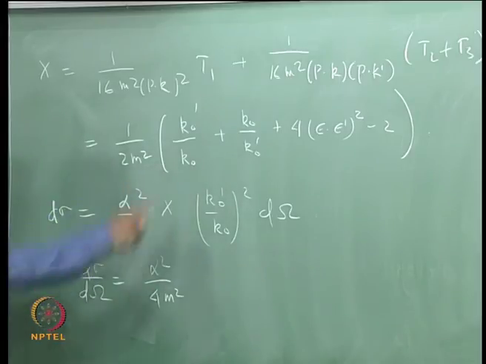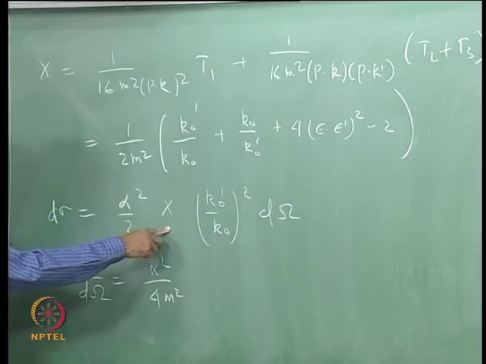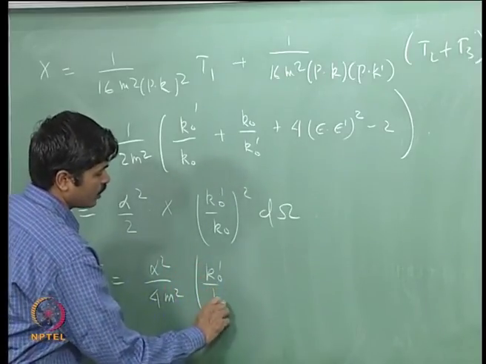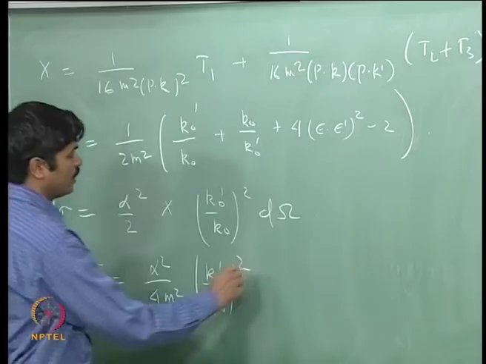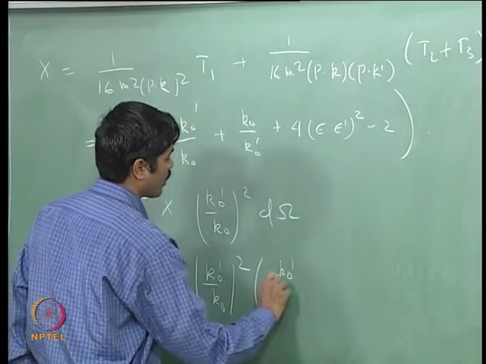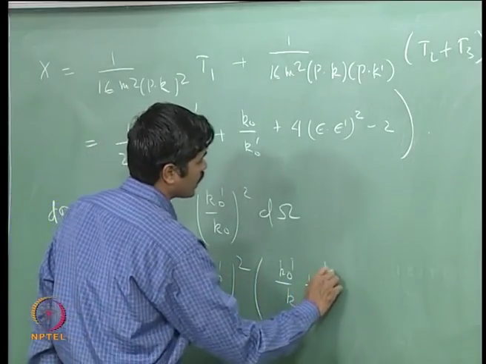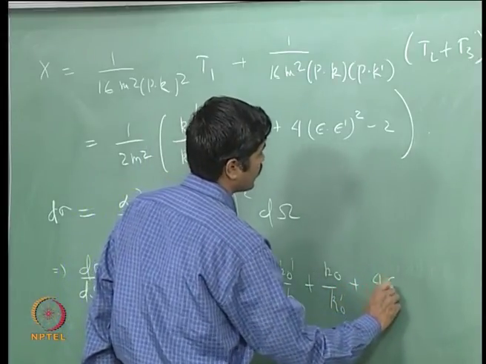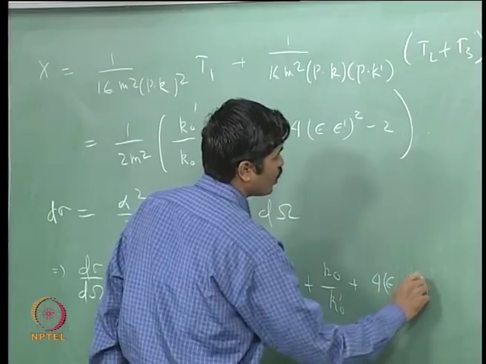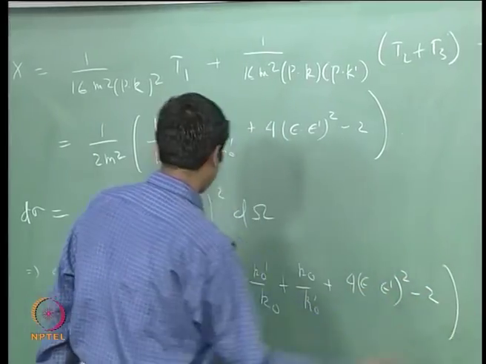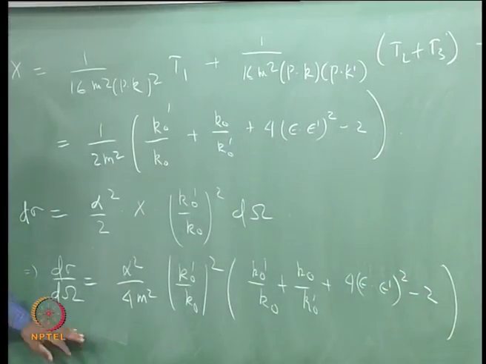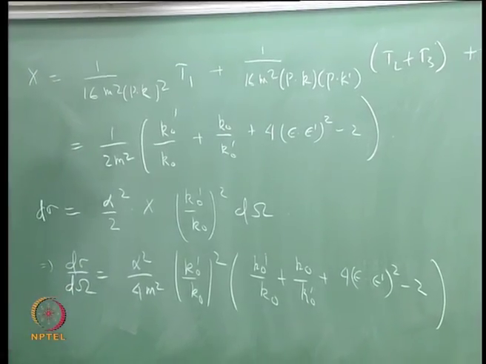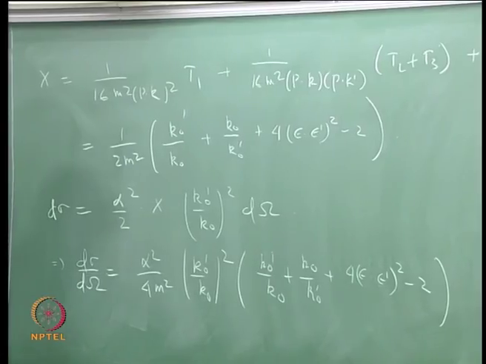I will simply substitute this for x here, then what I get is k 0 prime over k 0 square times k 0 prime over k 0 plus k 0 over k 0 prime plus 4 epsilon dot epsilon prime whole square minus 2. So, this is the expression for the differential scattering cross section that we got after doing the complicated calculation.